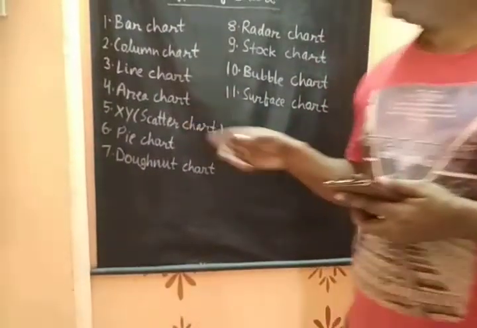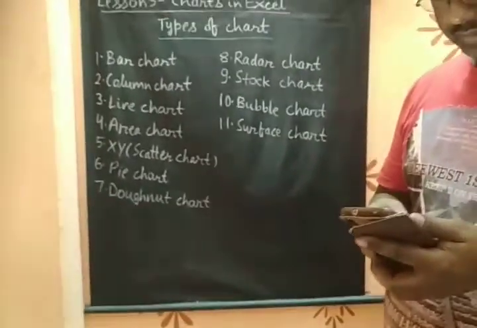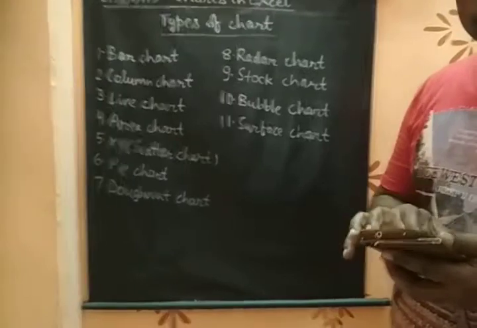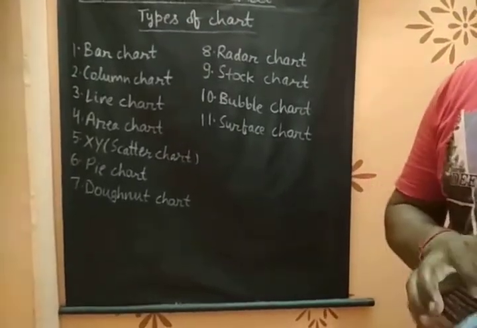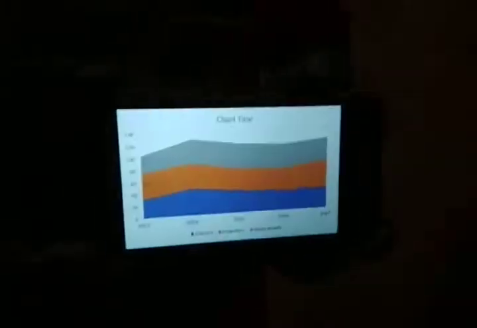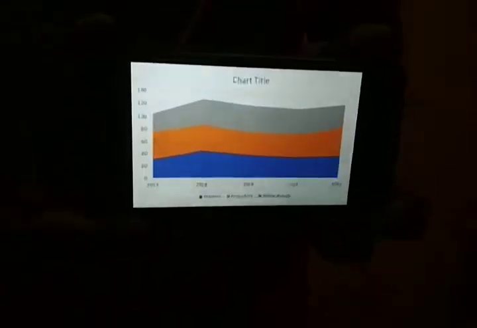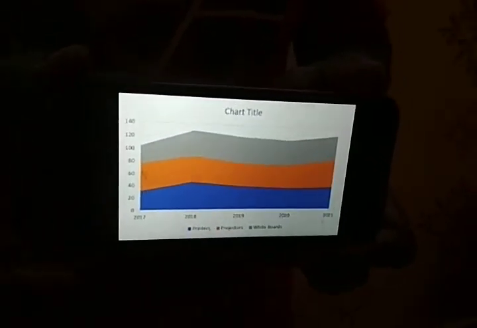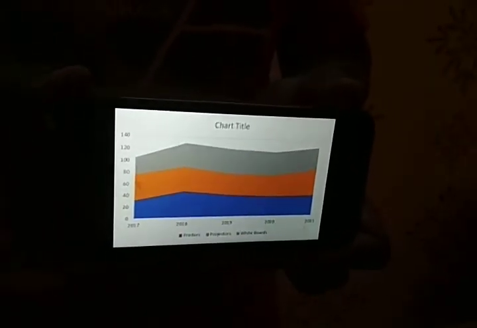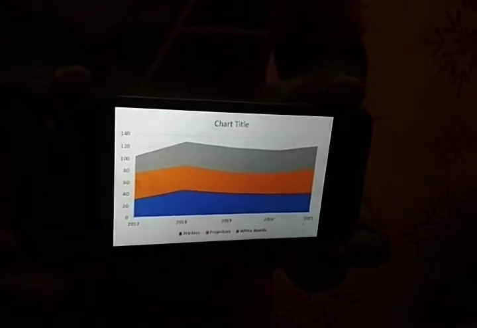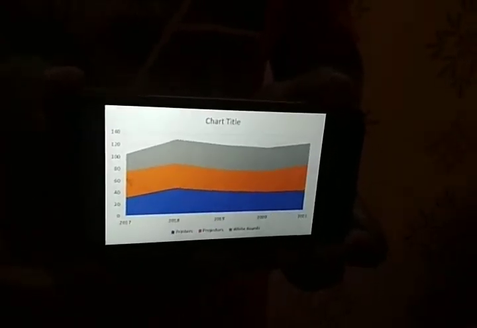Next is area chart. So this is the area chart. This is the picture of area chart. So it is the advanced form of line chart, or you can say column chart.